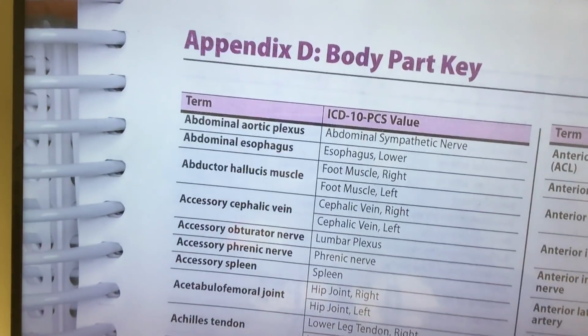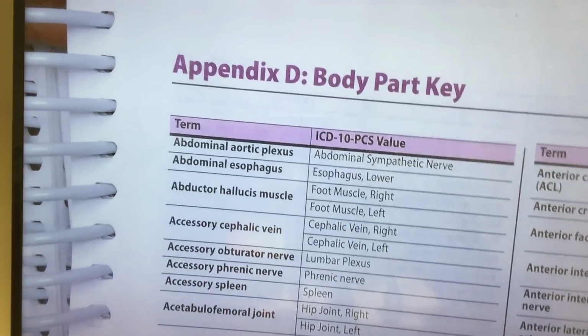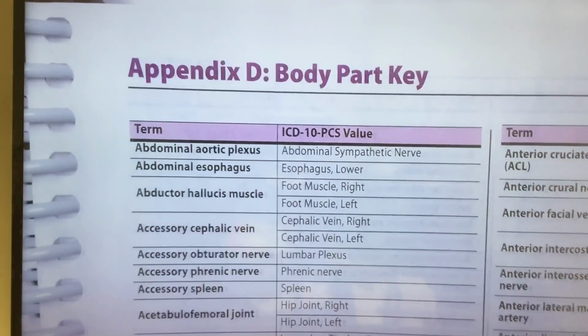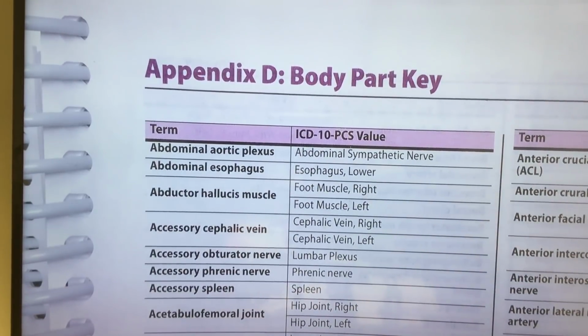All right, after that, we have Appendix D, which is our body part key. Now, with ICD-10-PCS, this body part key is going to prove to be very helpful because you're going to make some assumptions about what you think you remember from your anatomy class and what body part this is.